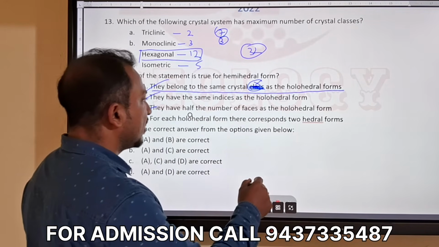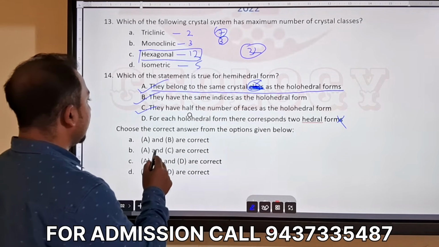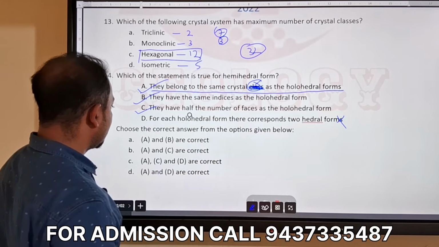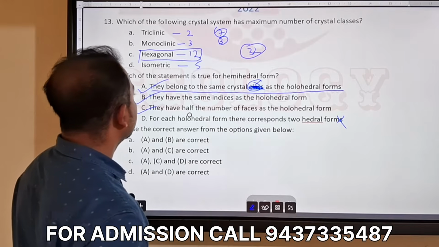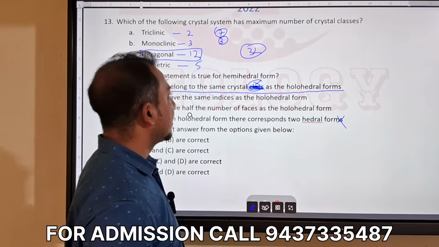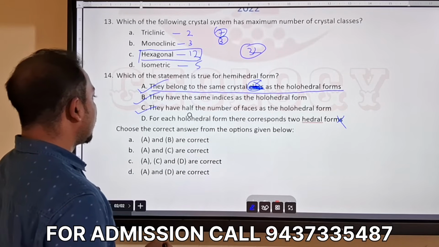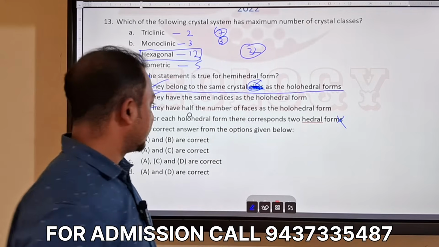For each holohedral form, there are corresponding 2 hemihedral forms, it is incorrect. So the answer will be A, B and C. But there is no such option. So it will be A, B, C.